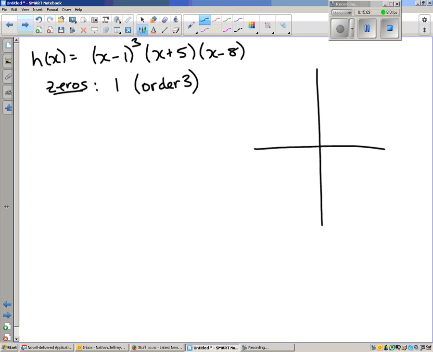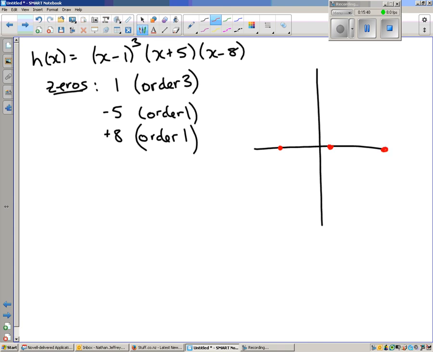And our second one we're going to have is -5, order 1, and +8, order 1. If you're working backwards and it doesn't state the order, assume it's 1. Okay, it'll tell you if it's anything else. So if we look at that, we have zeros at -5, at +1, and at +8.